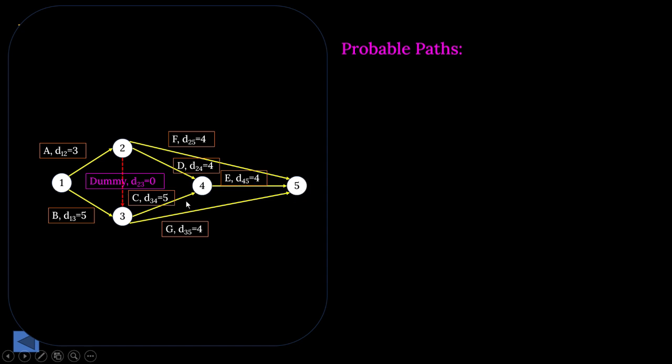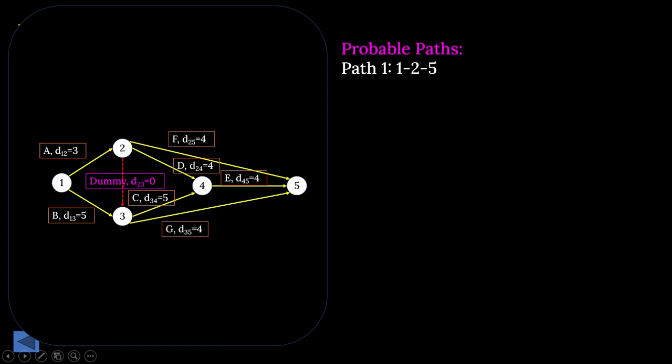What we can see is that we can go 1 to 2, 2 to 5 we can reach. We can also go 1 to 2, 2 to 4, 4 to 5 we can reach. That is another path. We can also follow 1 to 3, 3 to 4, 4 to 5, that is another path. And also you can follow 1 to 3, 3 to 5, that is another path. So these are all probable paths.